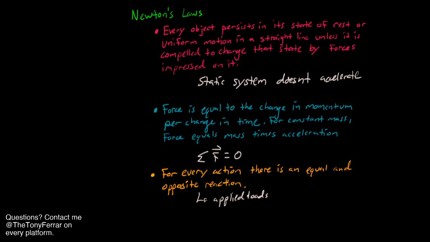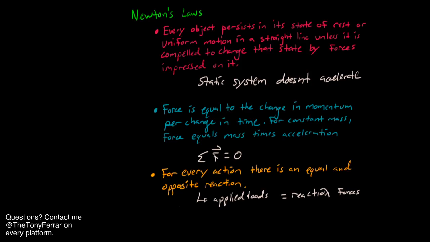And we know that if the sum of forces is equal to zero, these applied loads have to, by equal and opposite reaction, be equal to what are now going to be called the reaction forces.